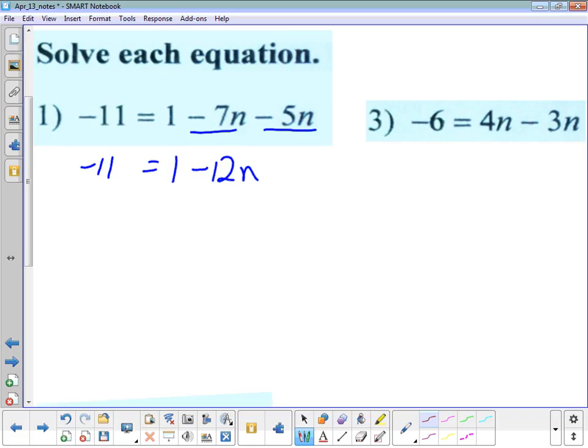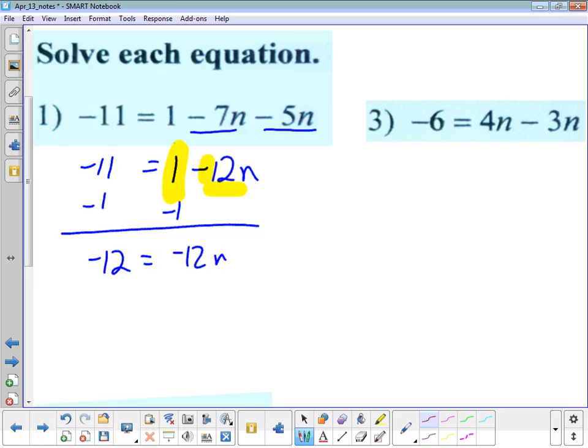Now that I have that done, I see that I have a two-step problem. I have to get rid of the 1 first, then I can get rid of the 12. Since it's a positive 1, I take 1 from both sides. Negative 11 take away 1 is negative 12. That equals negative 12n.